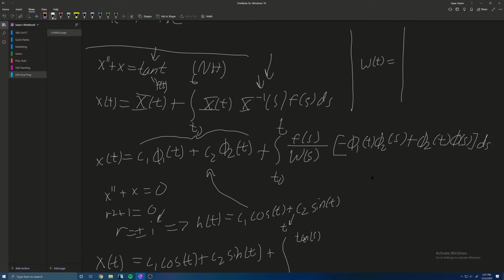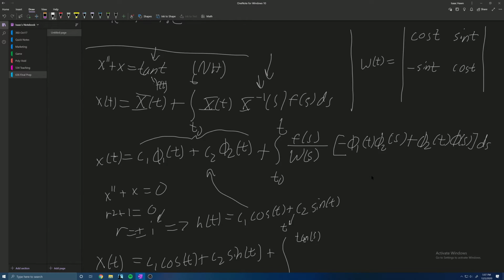So the homogeneous solution, we see the C1 part is cosine of t, and the C2 part is sine of t, and the second row of this matrix will be the derivatives of those. So we see minus sine of t in the bottom for the derivative of cosine. Derivative of sine is cosine, so we have cosine of t right here.